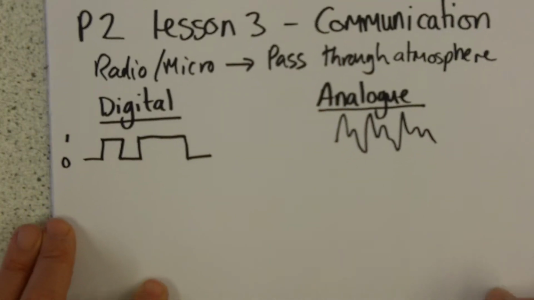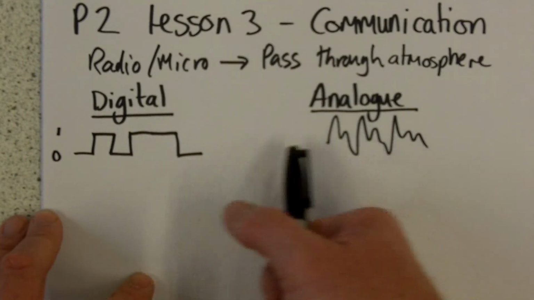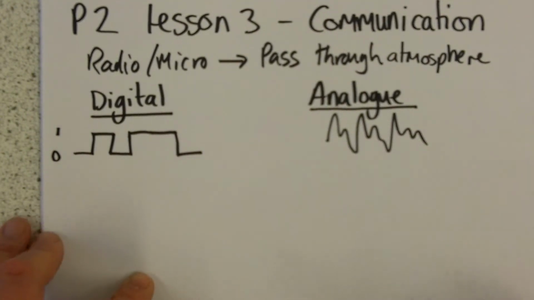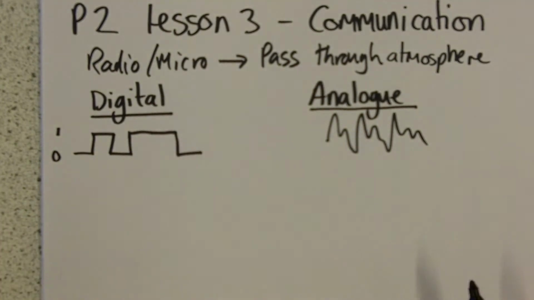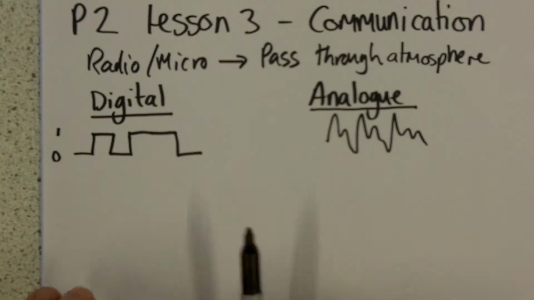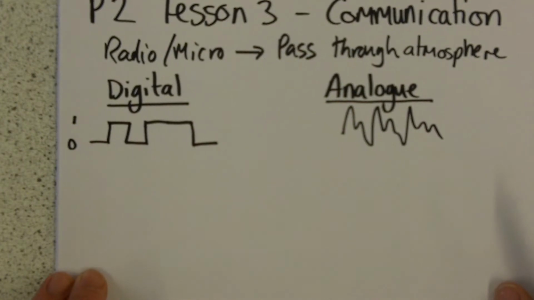So this difference between analog and digital is quite stark, and the ability to recognise the difference between digital and analog signals is key, but I think it's fairly obvious. Now, the reason that everything has gone digital is because digital has a distinct number of advantages over analog communication.